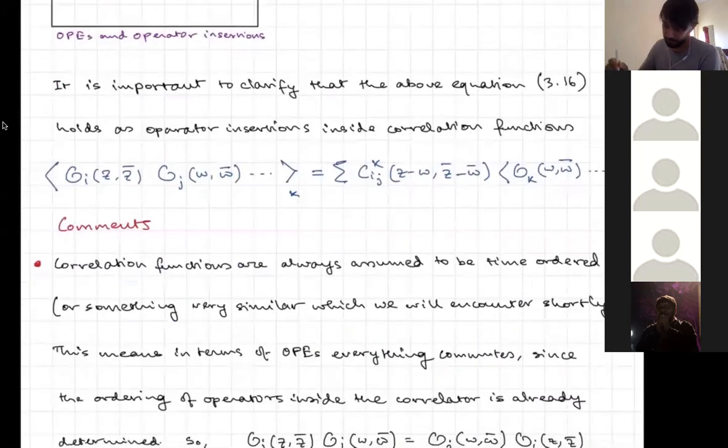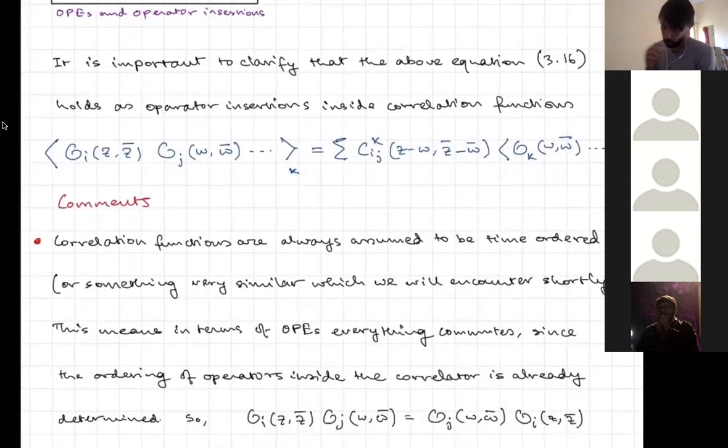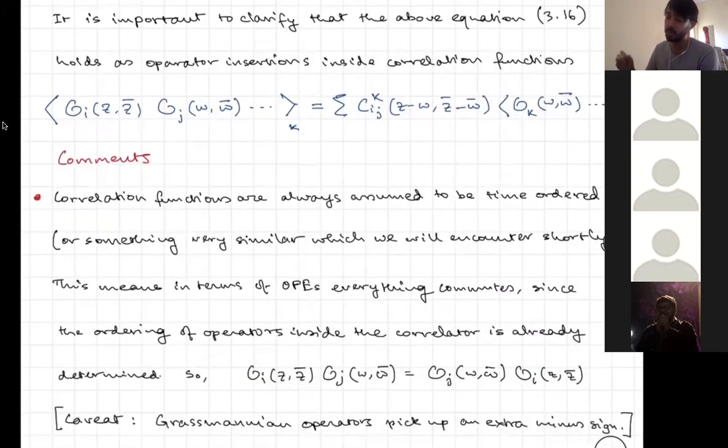Now some more comments. These correlation functions are always going to be assumed to be time ordered, or something very similar that we will get to shortly. This means that when you are speaking in terms of the OPE, operator ordering will not matter, because the operators are already ordered inside the n-point function.